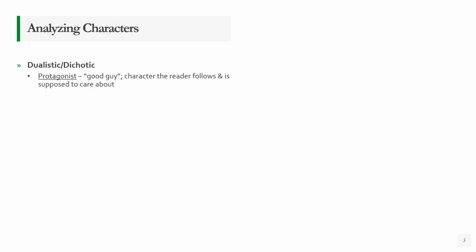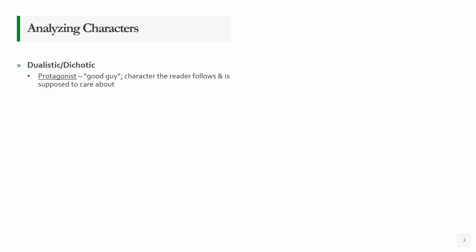So the way that we think about characters most often in Western culture, again, it's not always right or wrong to do this. It's not always that simple. But we usually are looking in a story for what we call a protagonist. And the oversimplified way of looking at a protagonist is the quote-unquote good guy. The protagonist is not always a good person or a good character.